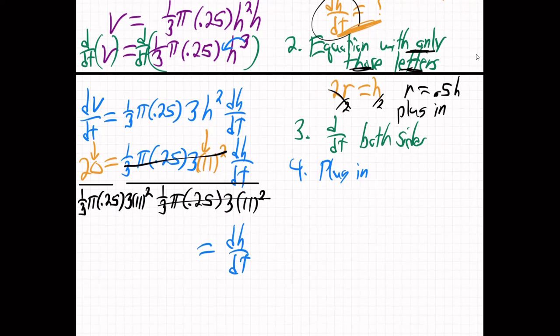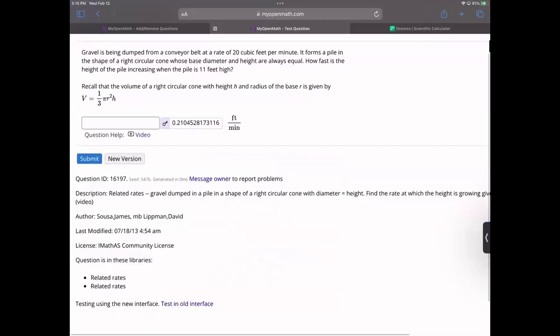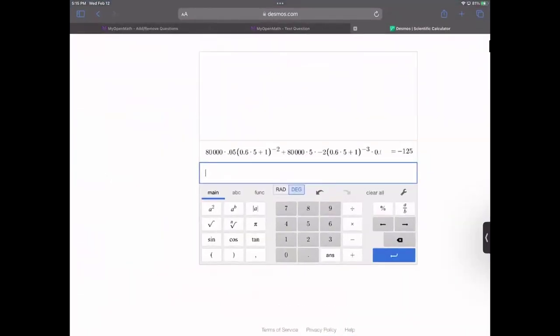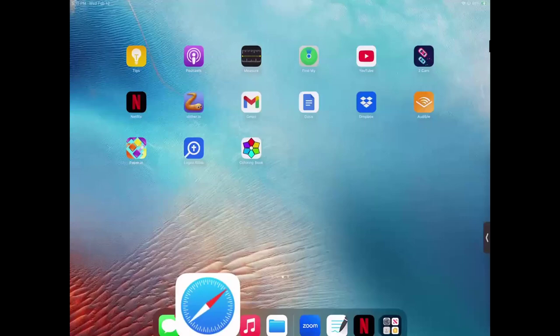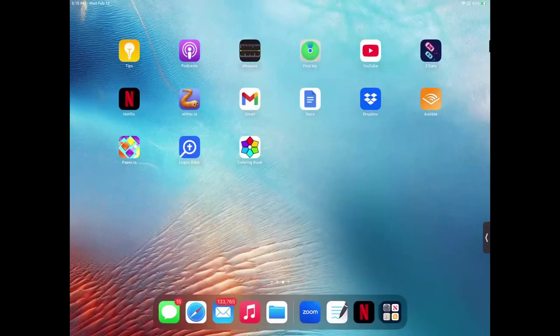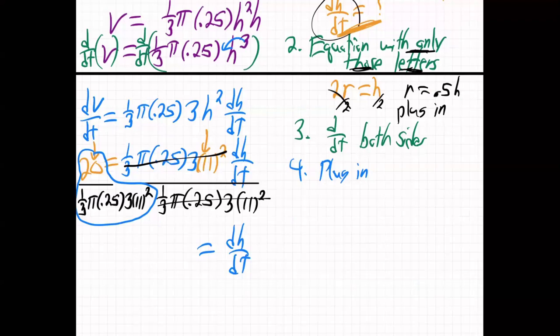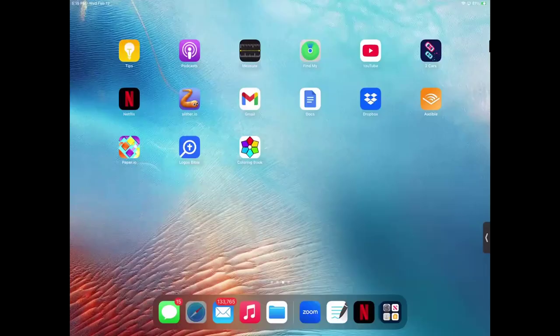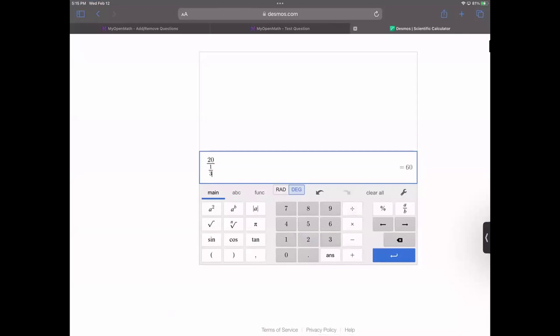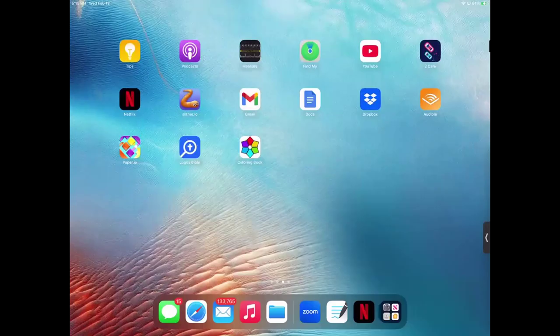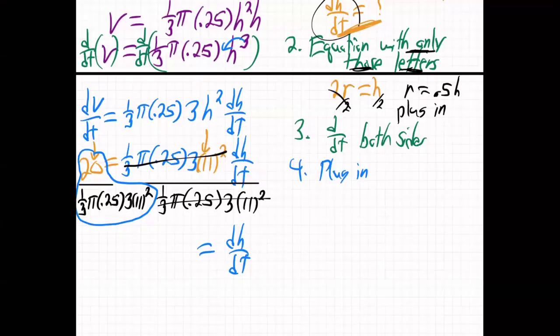Let's go to Desmos and hit the buttons on the calculator. We're typing in all of this. 20 over 1/3 pi times 0.25 times 3 times 11 squared.